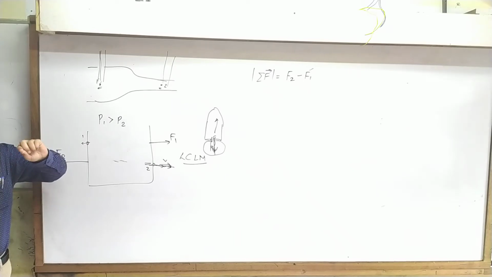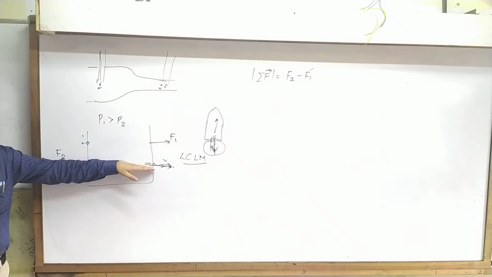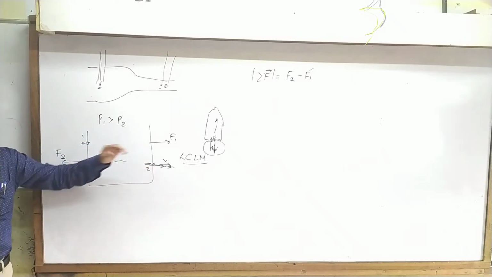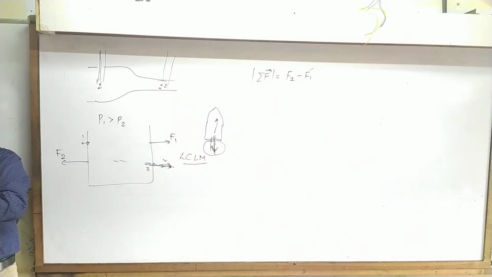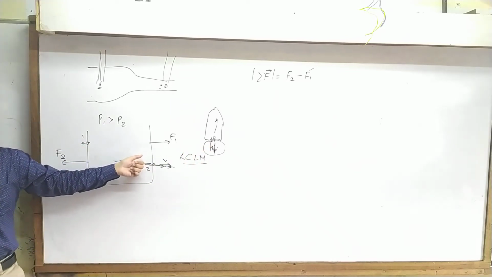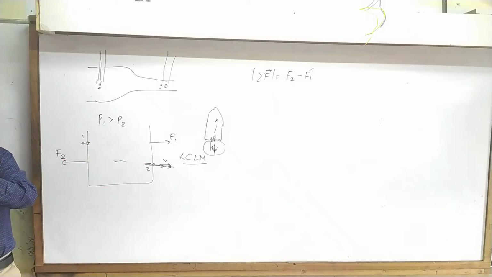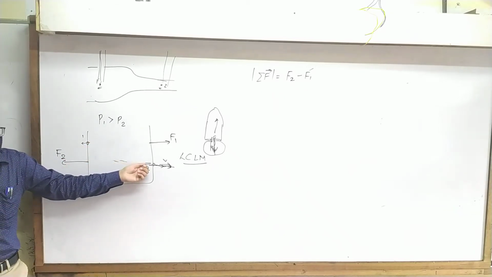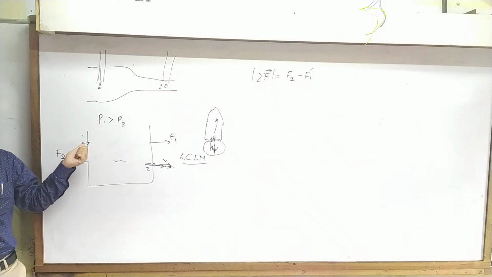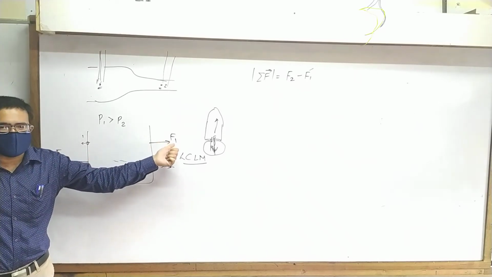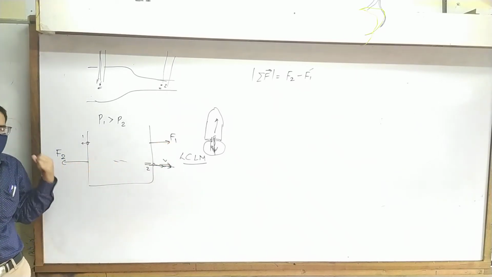If depth is more, fluid will come out fast. If it comes out fast, it will push the vessel more. Masks on, everyone. So this will have more force towards the left side, but it will have a little bit of force towards the right side also. But net effect is towards the left.